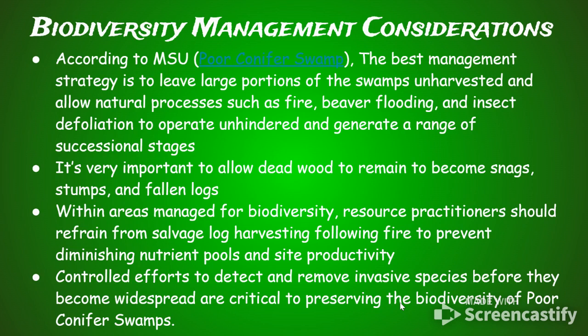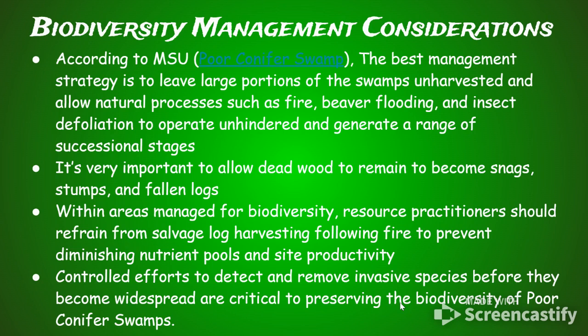There are some biodiversity management considerations. According to Michigan State University, at their website, this information can be found as well. The best management strategy is to leave large portions of the swamps unharvested and allow natural processes such as fire, beaver flooding, and insect defoliation to operate unhindered and generate a range of successful stages.